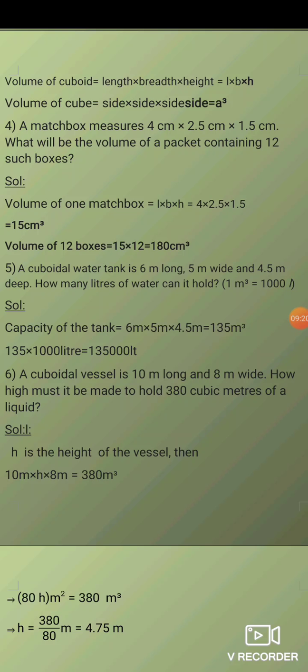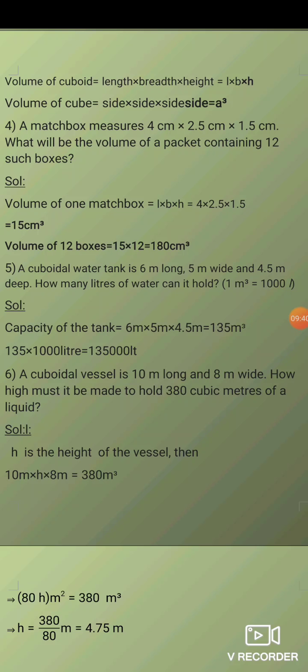Now the last question, listen. A cuboidal vessel is 10 meter long and 8 meter wide. How high must it be made to hold 380 cubic meters of a liquid? The height we need to find out. H is the height of the vessel we can take.